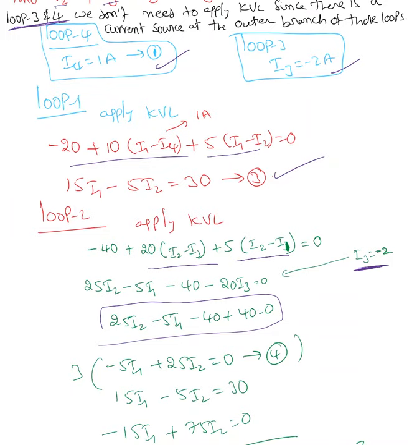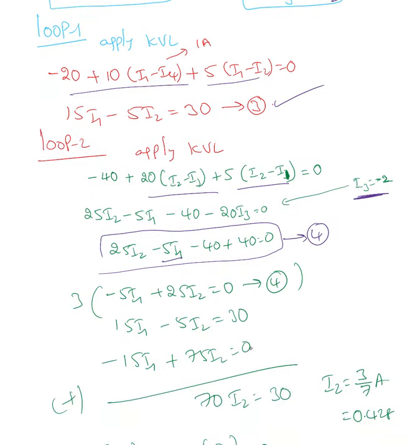Now what I did, I took equation 3. Here is my equation 4 of minus 5I1 plus 25I2 equal to 0. I'm multiplying that with 3, so I end up with minus 15I1 plus 75I2 equal to 0 after multiplying.